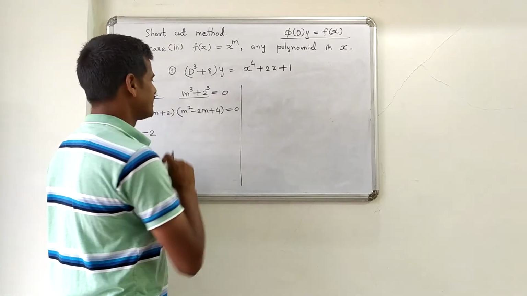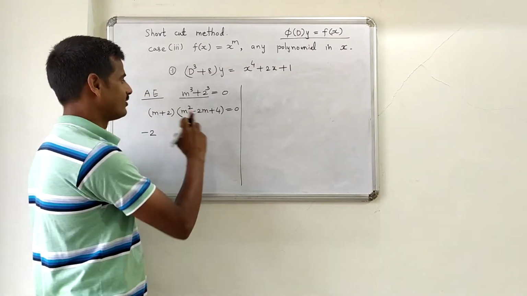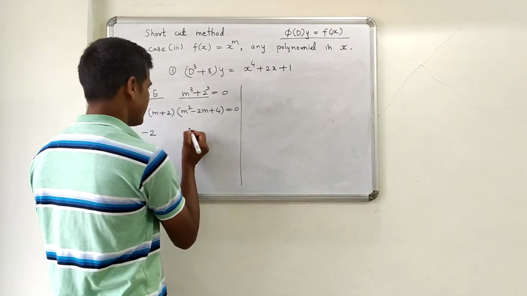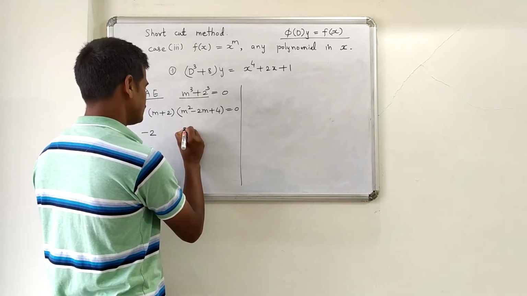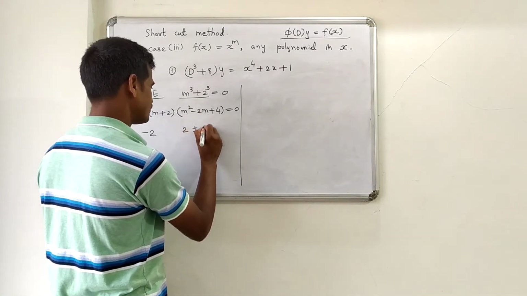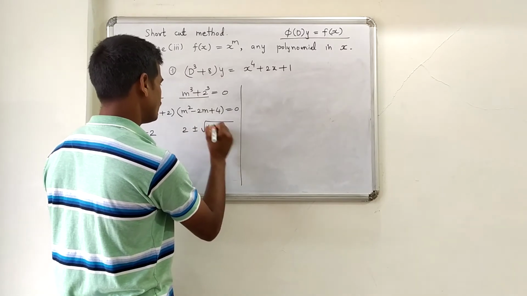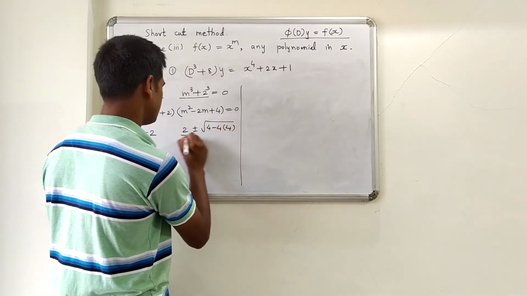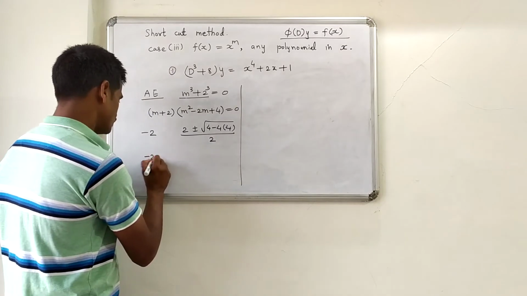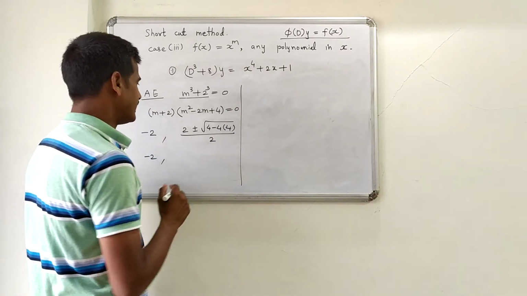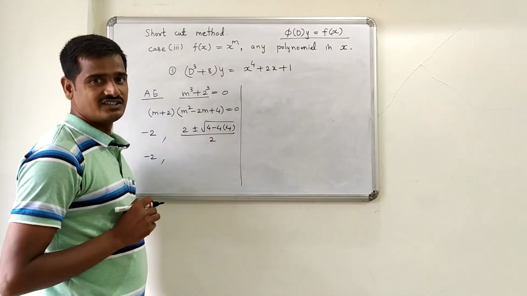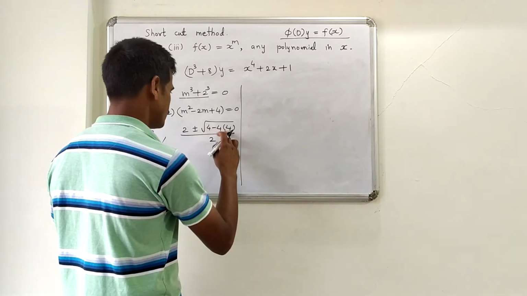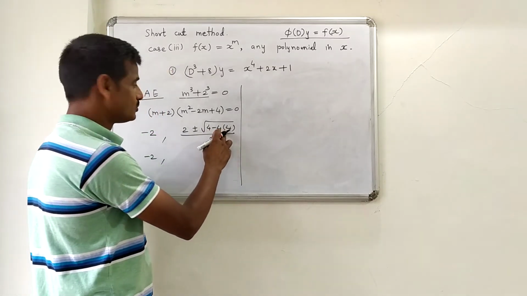Now here you will get minus 2 as a root. Then you solve this quadratic equation because it might have complex roots. So minus b plus minus the square root of b square minus 4ac, that is 4, divided by 2. So 2 plus minus root of 4 minus 16, that is minus 12, which can be written as 2 root 3 i.